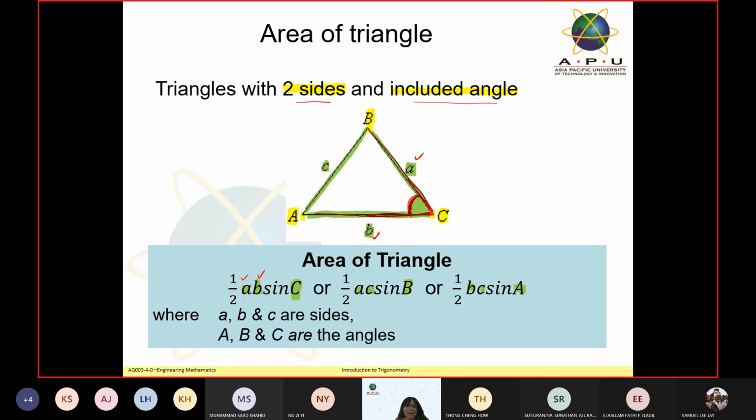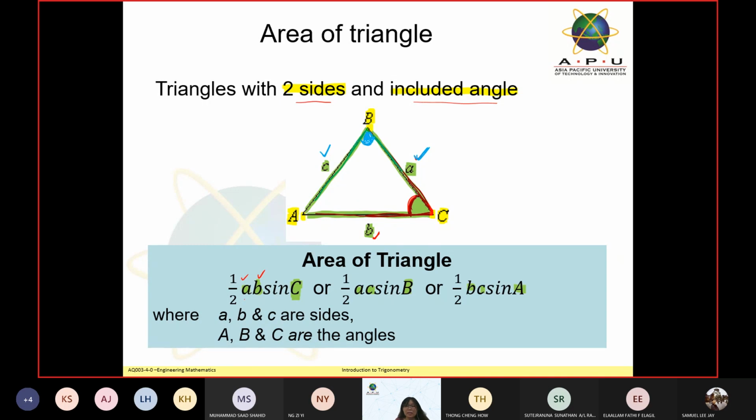The same thing goes for half of ac. Let's say you have sides a and c. Looking at these two sides, which one is the included angle?